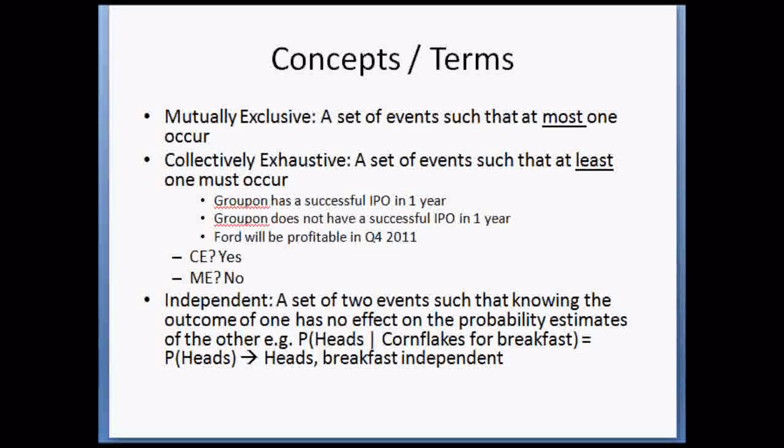The important thing here is that there are things that are related but not necessarily causally. So, for example, are the probability of me eating cornflakes for breakfast and the probability of me winning the lottery independent?